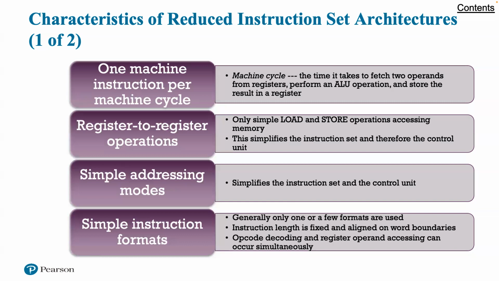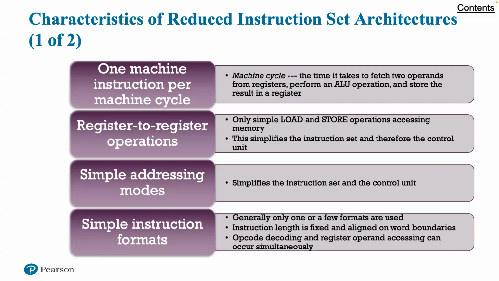A final common characteristic is the use of simple instruction formats. Generally, only one or a few formats are used. Instruction length is fixed and aligned on word boundaries. Field locations, especially the opcode, are fixed. This design feature has a number of benefits. With fixed fields, opcode decoding and register operand accessing can occur simultaneously.